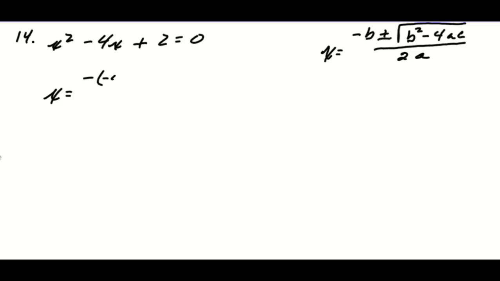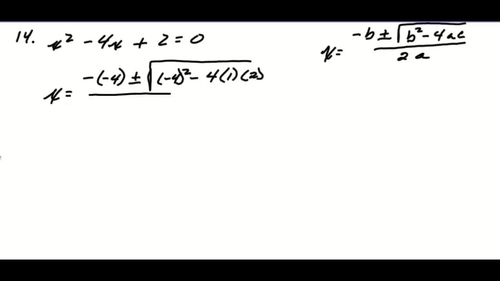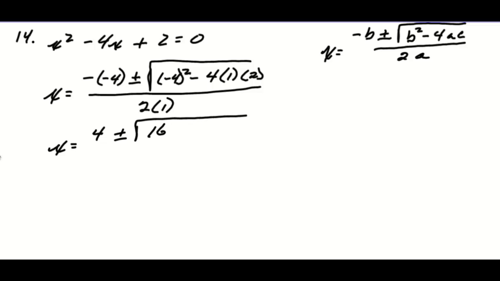Minus a -4 plus or minus the square root of that -4 squared minus 4 times 1 times 2, and that's all over 2 times 1. x then equals 4 plus or minus the square root of 16 minus 8, all over 2.